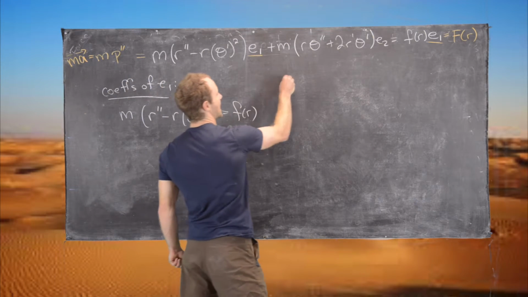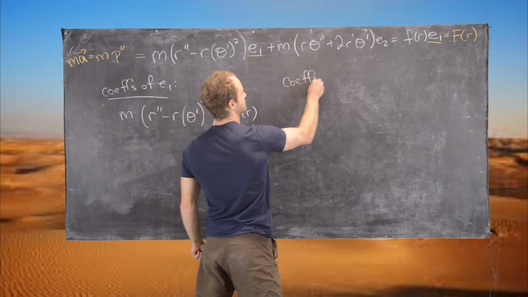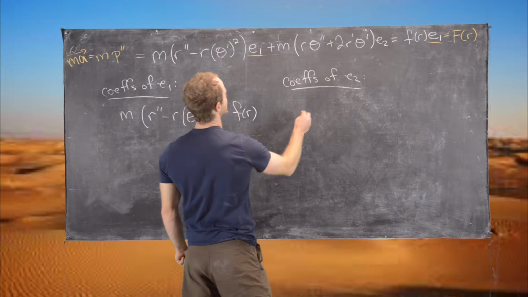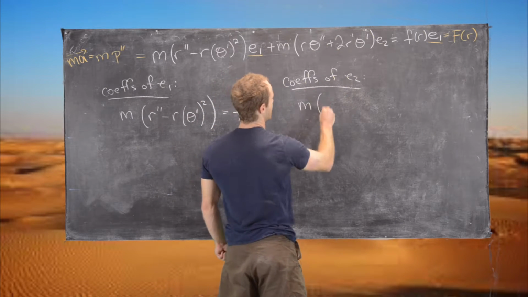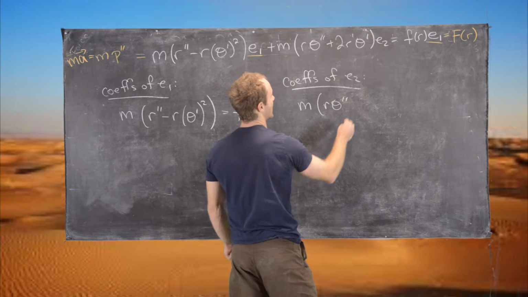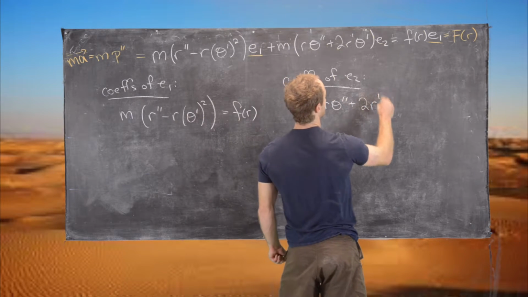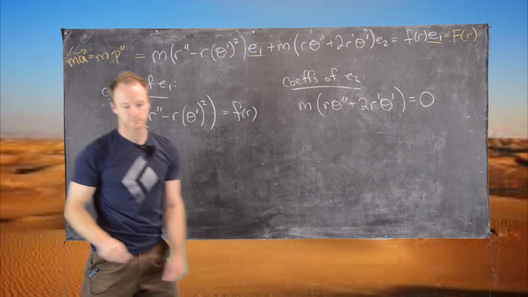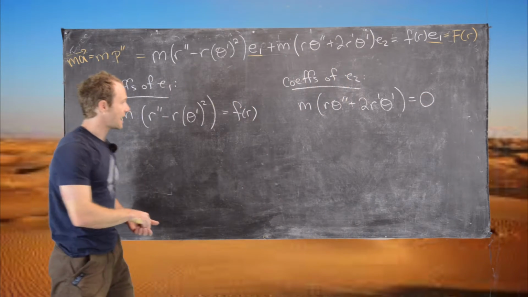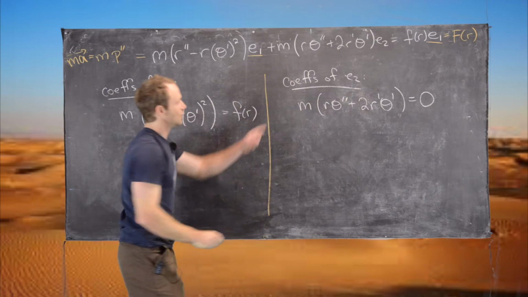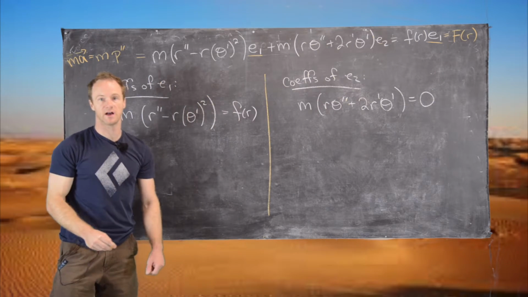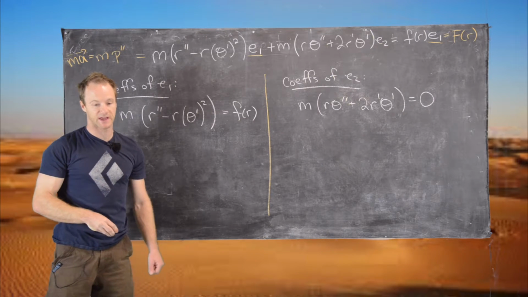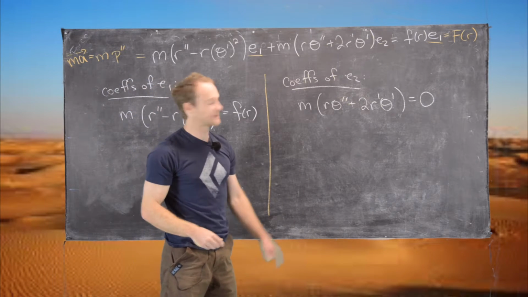And then by equating the coefficients of E2, we see that we get the mass times r theta double prime plus 2 r prime theta prime equals 0. Okay, great. So now we can use this fact that we have an equation equal to 0 on the right-hand side to have some simplification. So we'll do this as follows.